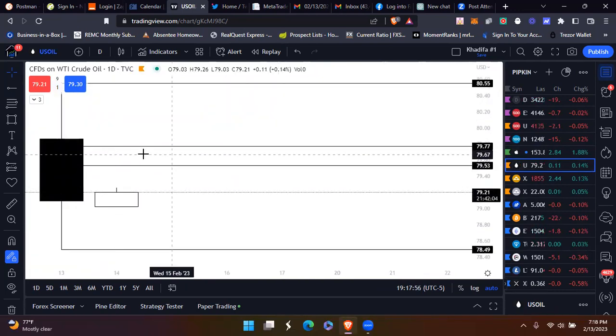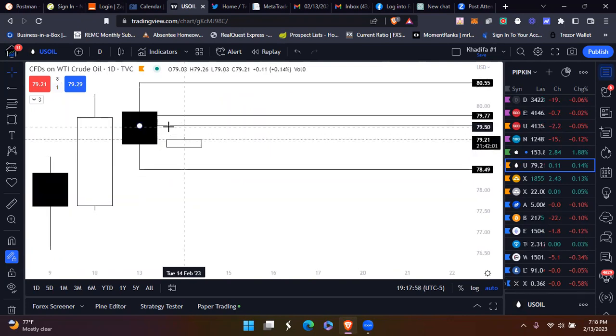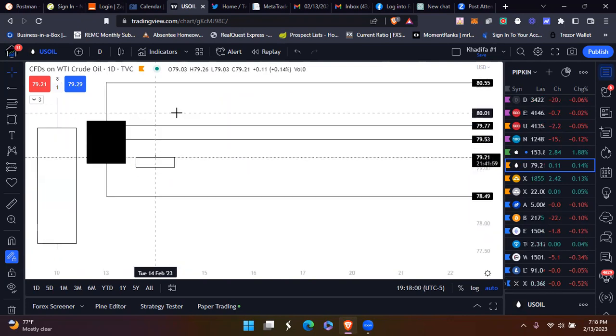So this would be selling at a premium. When you hear PD array, it means premium discount array, and the P stands for premium and the D stands for discount. When we're looking to sell, we're selling at a premium.